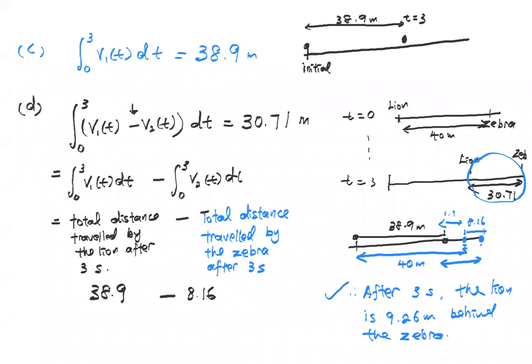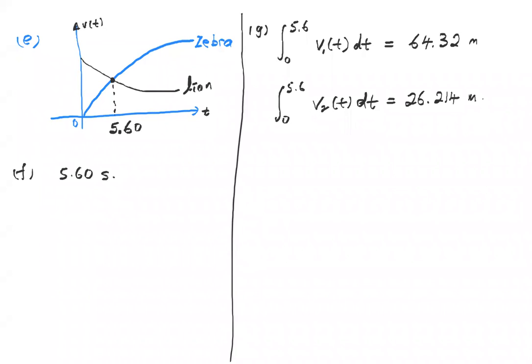So for this case, I will say the distance traveled by the zebra plus 40 meter, that is 66.21 meter, correct? This is greater than 64.32.